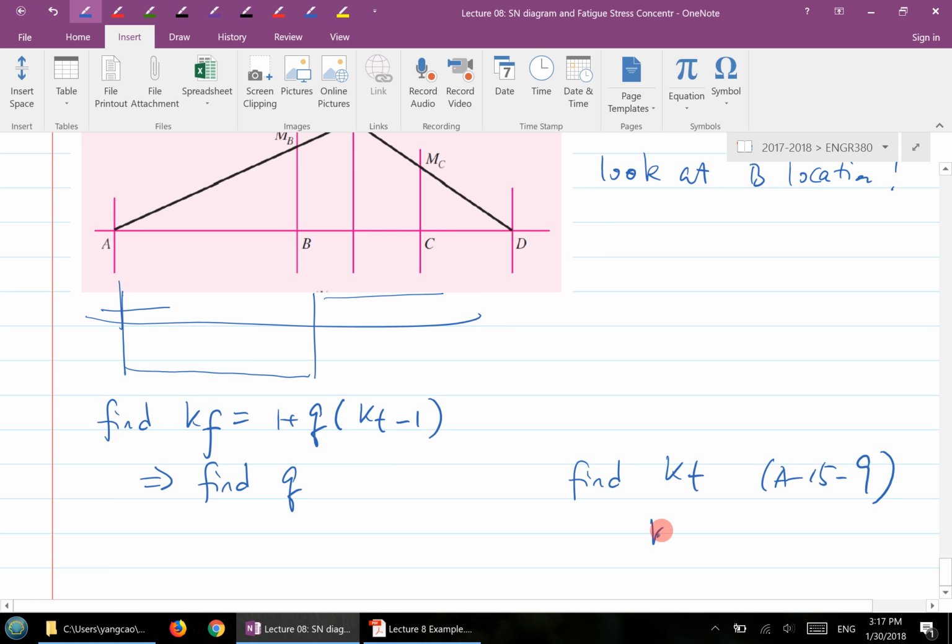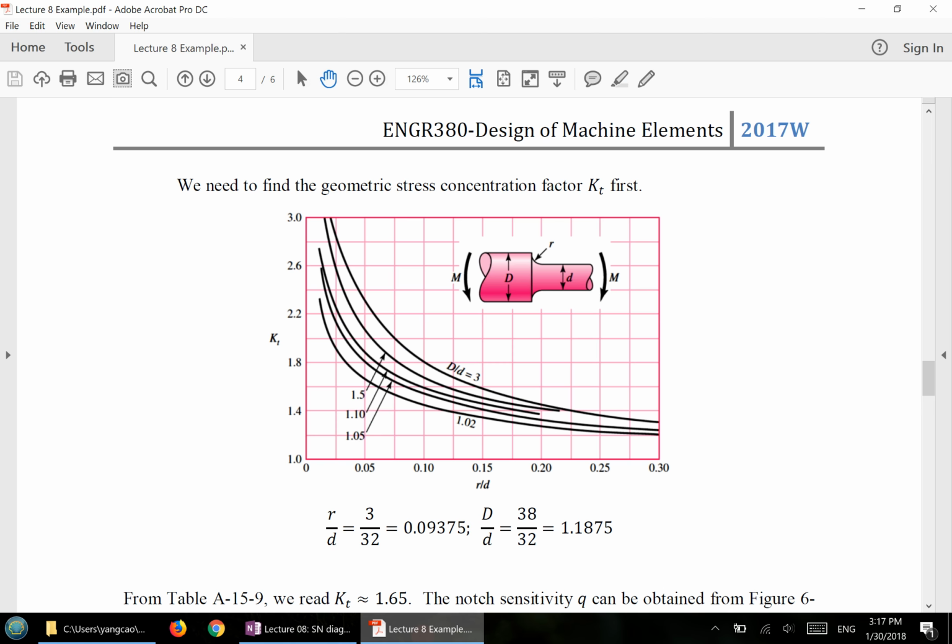You can get Kt approximately 1.65. Basically find r over d, radius over small d, and also capital D over small d, and then you can find the Kt value.